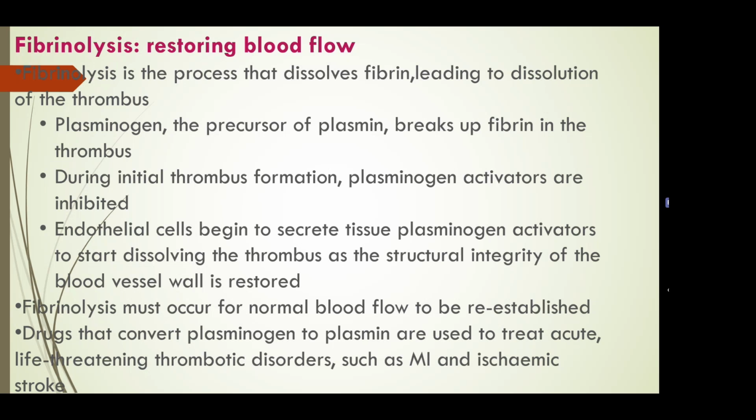During initial thrombus formation, plasminogen activators are inhibited. Endothelial cells then begin to secrete tissue plasminogen activator to start dissolving the thrombus as the structural integrity of the blood vessel wall is restored.